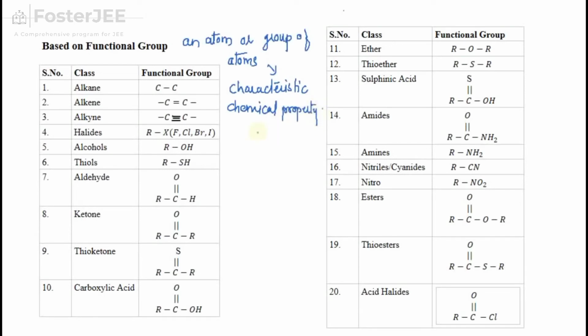So it means that all the functional groups have different chemical properties. On the basis of functional group, the organic compounds are classified into 20 categories.